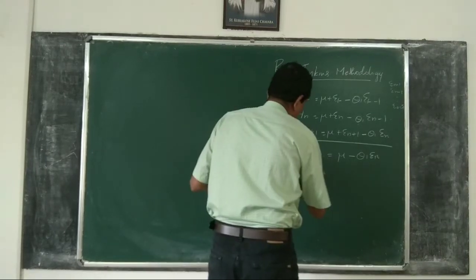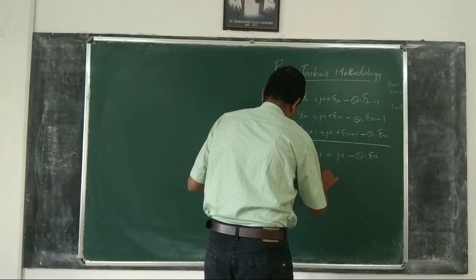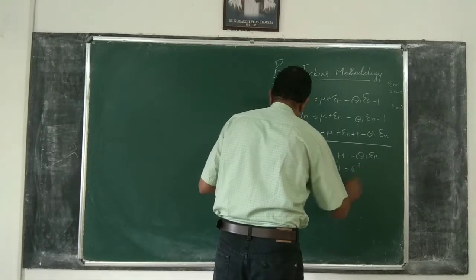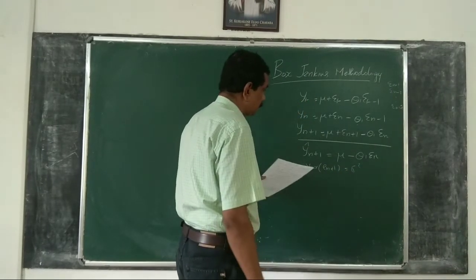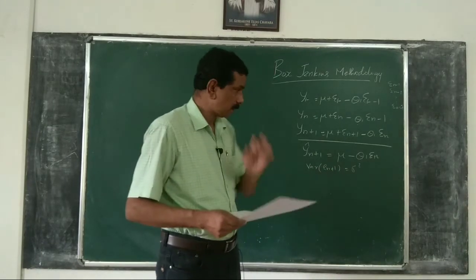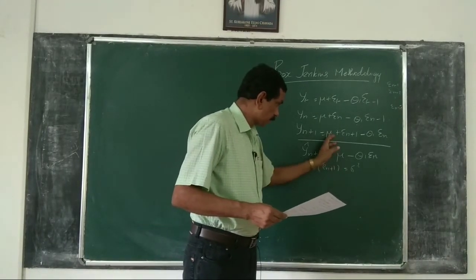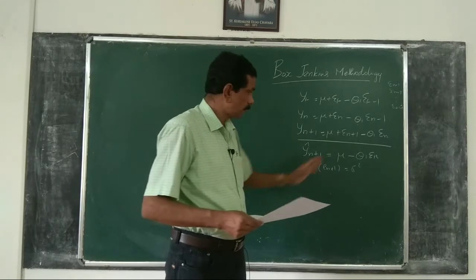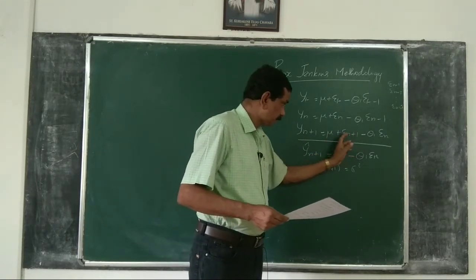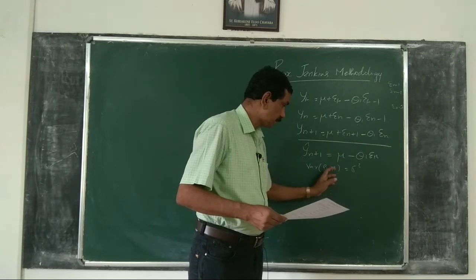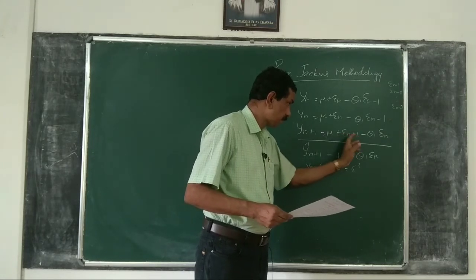The variance of epsilon n plus 1 is sigma square. Epsilon n plus 1 is the forecast error, En plus 1. So the variance of En plus 1 is the variance of epsilon n plus 1.